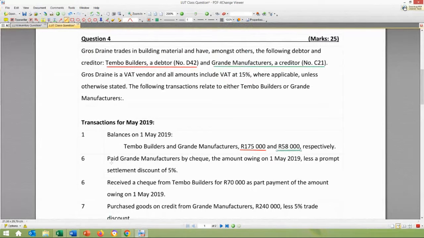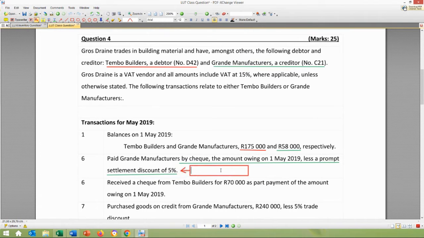Okay, if we go back, we paid Grant Manufacturers by check the amount owing less a settlement discount of 5%. Now, as soon as we see we've paid them by check, less an amount of settlement discount, that means the payment that would have gone through the cash book payments would have been at 95%.